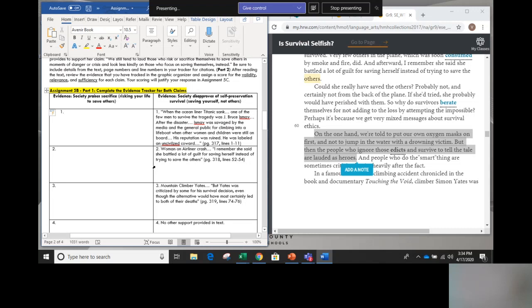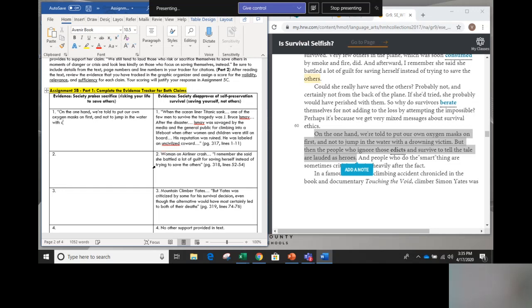I'm going to say, on the one hand, we're told to put our own oxygen masks on first and not to jump in the water with a drowning victim.